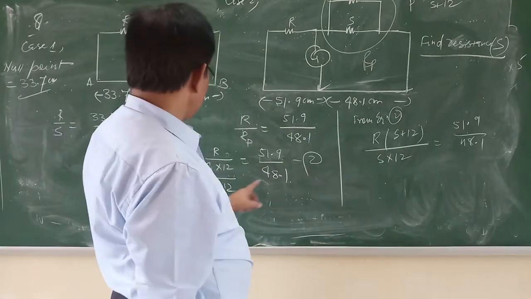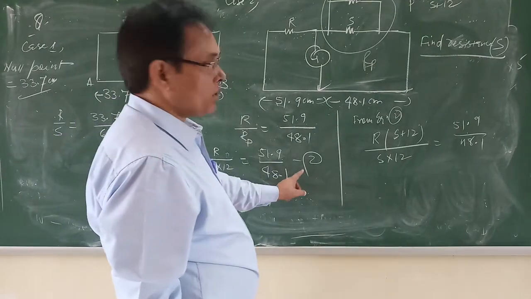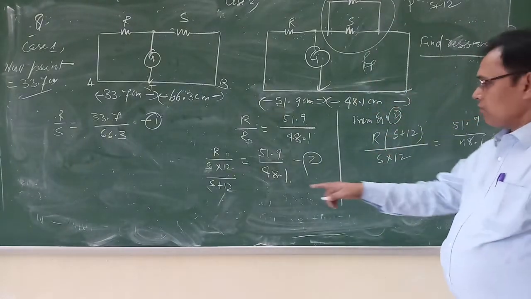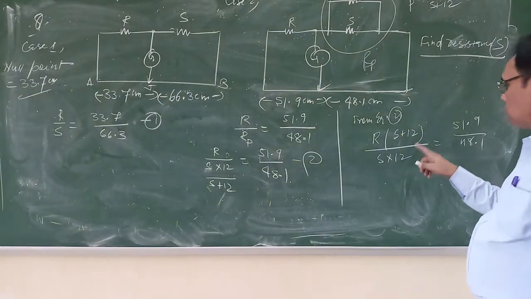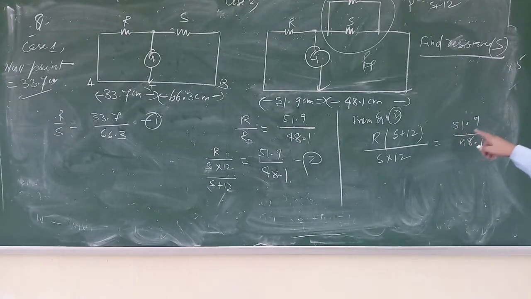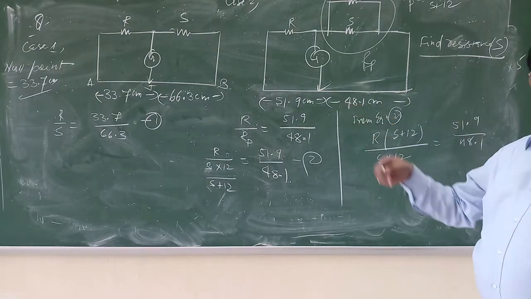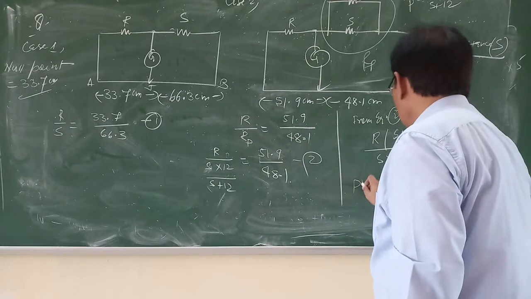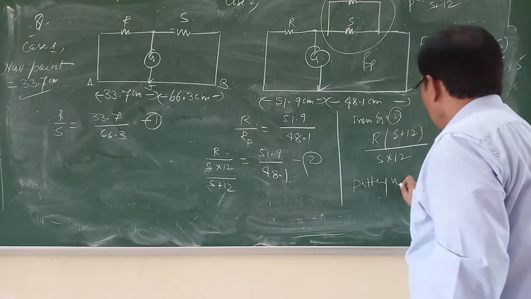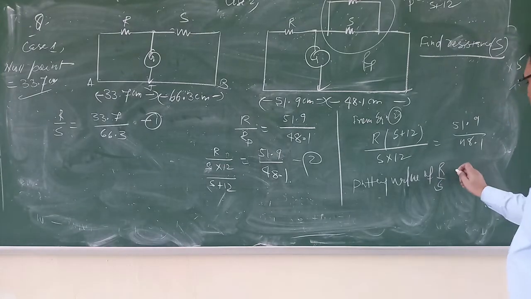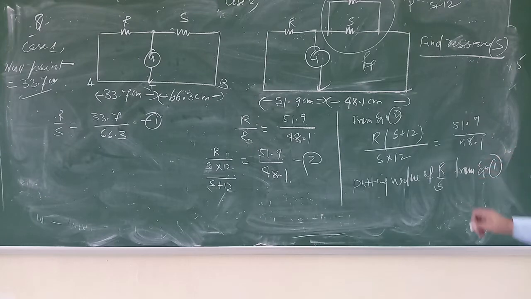Now this is equation number 2. From equation 2, R into this term will be in the numerator, so S plus 12 by S into 12 equals 51.9 by 48.1. Here you can put the value of R by S from equation 1.